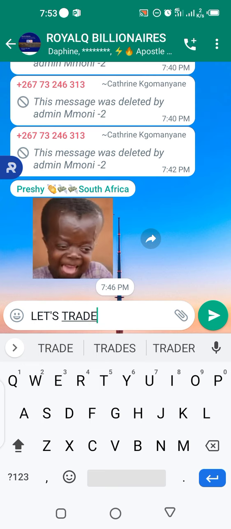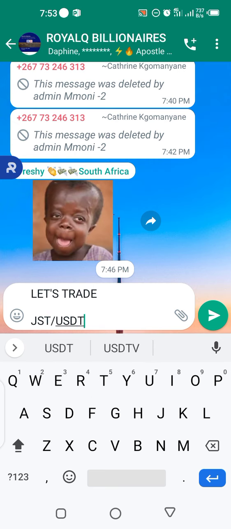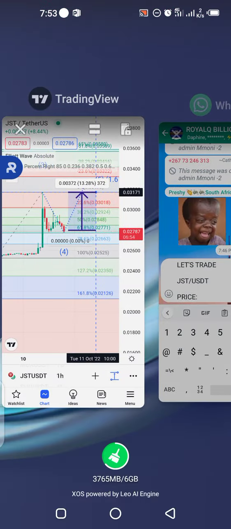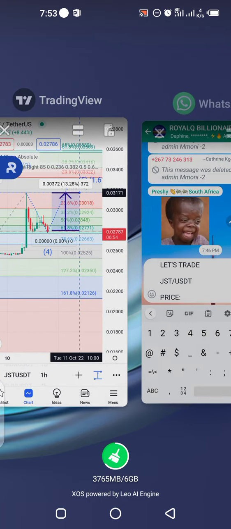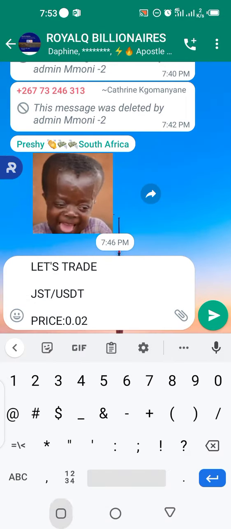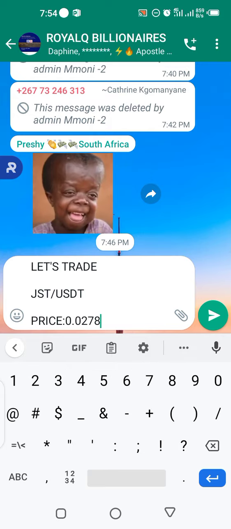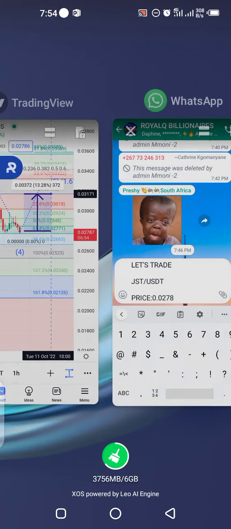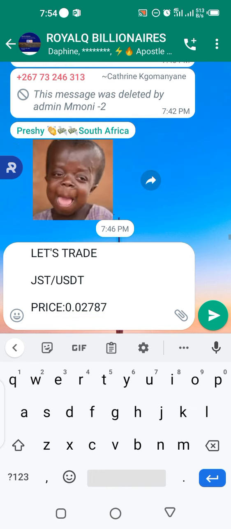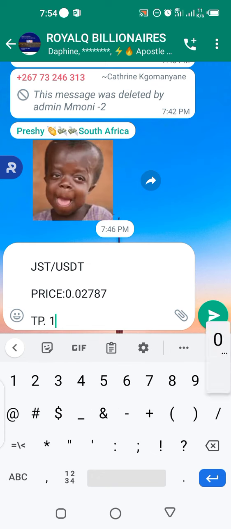Let's trade, and the name of the signal is JST USDT, and then the price is 0.02 78 7, then take profit 10%.